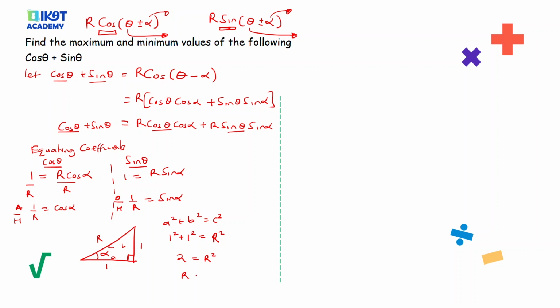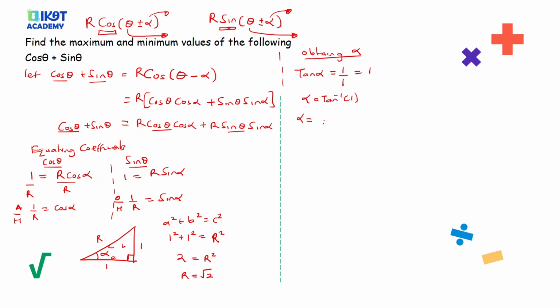Then we also have to obtain alpha. So here what will we have? We'll have tan alpha, from SOHCAHTOA, is opposite out of adjacent, so it's 1 out of 1, which is 1. So alpha is going to be the tan inverse of 1, and alpha is 45 degrees.